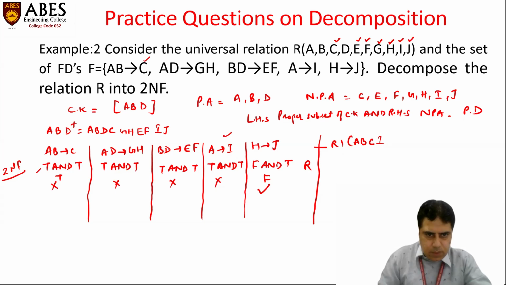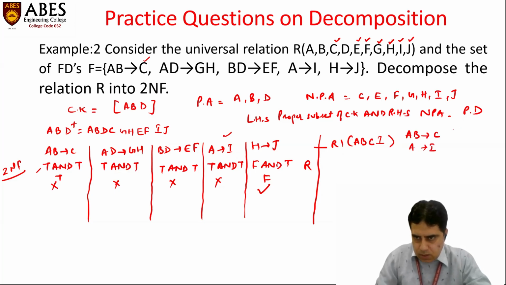And from B, we cannot determine anything else, and from C we cannot determine anything else. So here the functional dependencies are AB determines C and A determines I.